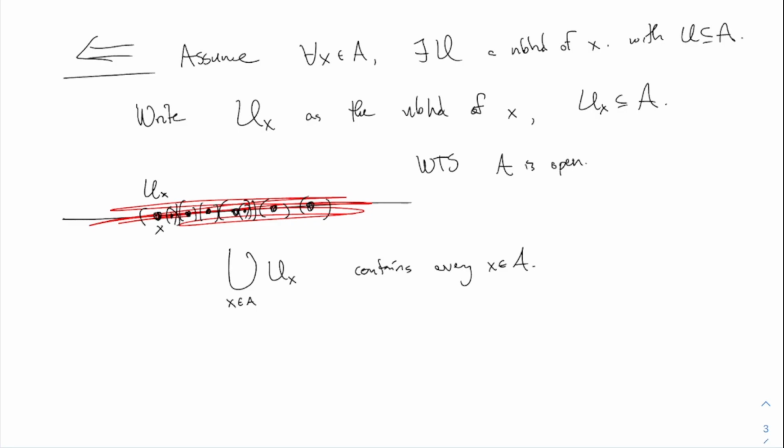So A is a subset of the big union, because that big union includes every point of A.